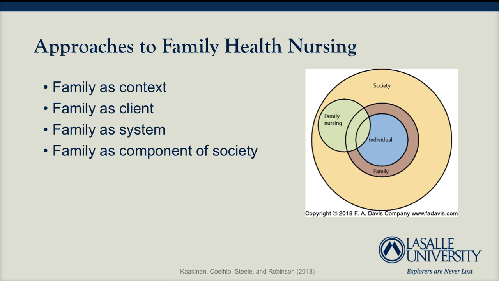With family as client, the nurse is interested in how the entire family is affected by the health of its members. So all of the family is in the foreground. With the system, the emphasis is on interactions between all members of the family, and with society, it is the interface between the families and community agencies. So we'll be looking at community agencies as resources for our families.